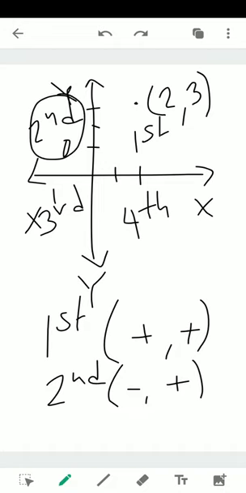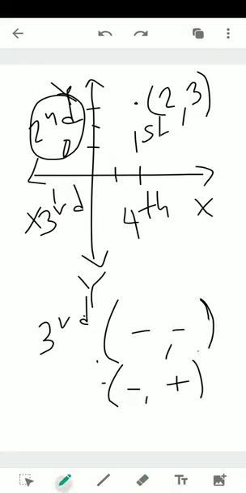Similarly in third, I should get both as negative, and in fourth we will see x to be positive and y to be negative. So remember the signs whenever we are moving across the different quadrants.